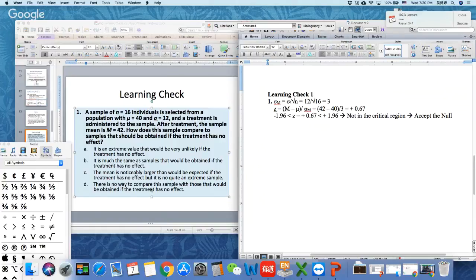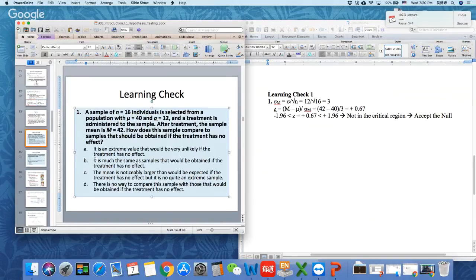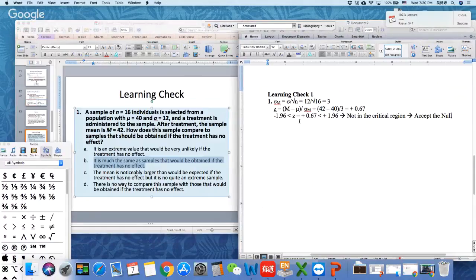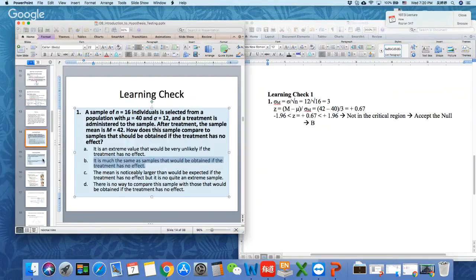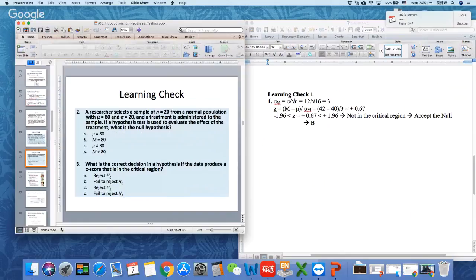D says there's no way to compare the sample with the population, but we do have a way to compare, so this is not true. So the answer will be B. Just follow similar steps, right?